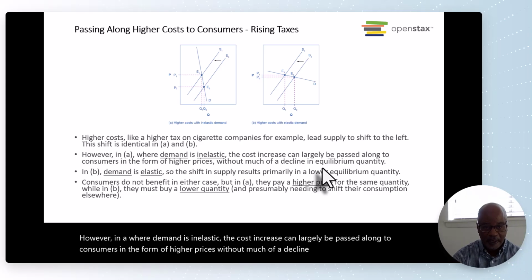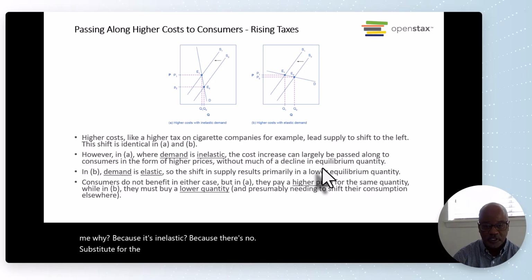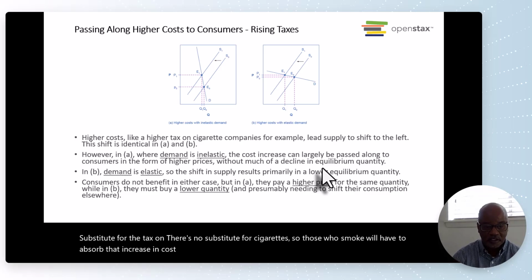And you ask me why? Because it's inelastic. There's no substitute for cigarettes. So those who smoke have to absorb that increase in cost by buying cigarettes at a higher price.